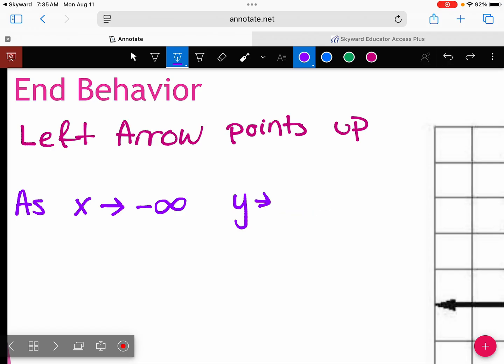If y is going up, my y is going to approach positive infinity. If my y is going down, then it's going to be negative infinity. If it's staying sideways, it's going to be right at a number, and just tell me what that is. Since our left arrow is pointing up, that means as x gets really small, my y is going to approach infinity. My y gets big. This tells me as x gets very negative, y gets very positive.